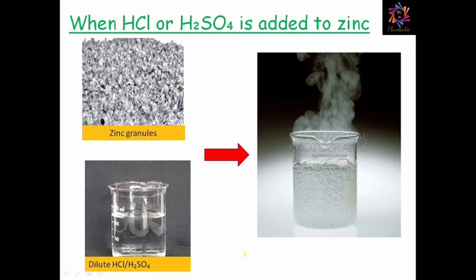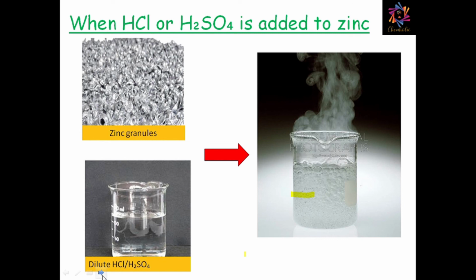Now guys, if you see the third picture, a lot of heat is actually liberated during the reaction. You can see that from the formation of bubbles in the beaker, and you also see a gas liberating here. It's a kind of reaction which liberates a lot of heat, and this type of reaction is also called an exothermic reaction.